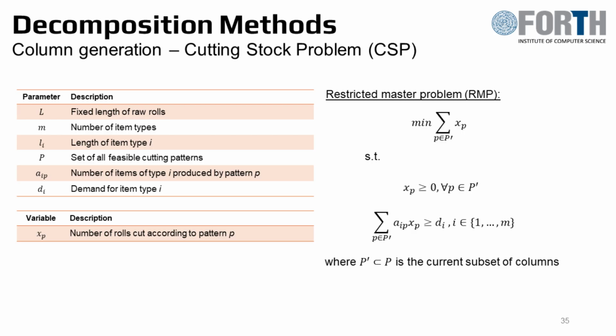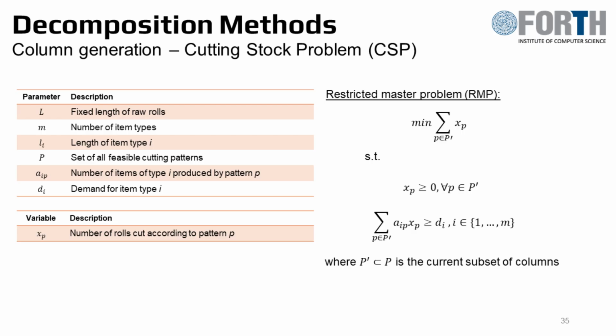The restricted master problem is to minimize the sum over p in P prime of Xp, subject to A, Xp greater than or equal to 0 for all p in P prime, B, for each item type i, the sum over p in P prime of Aip times Xp must be greater than or equal to Di. So the structure of the model remains exactly the same, and the only difference is that we are using only a subset of all possible cutting patterns.